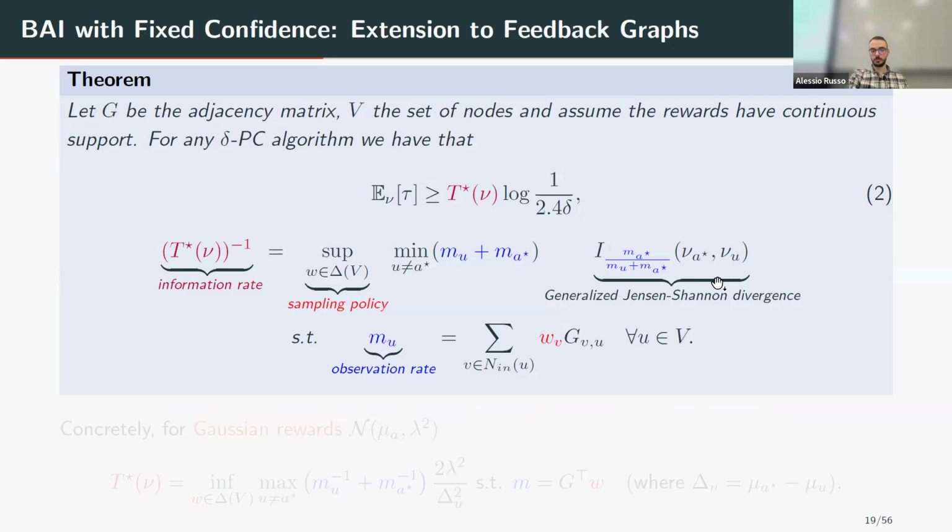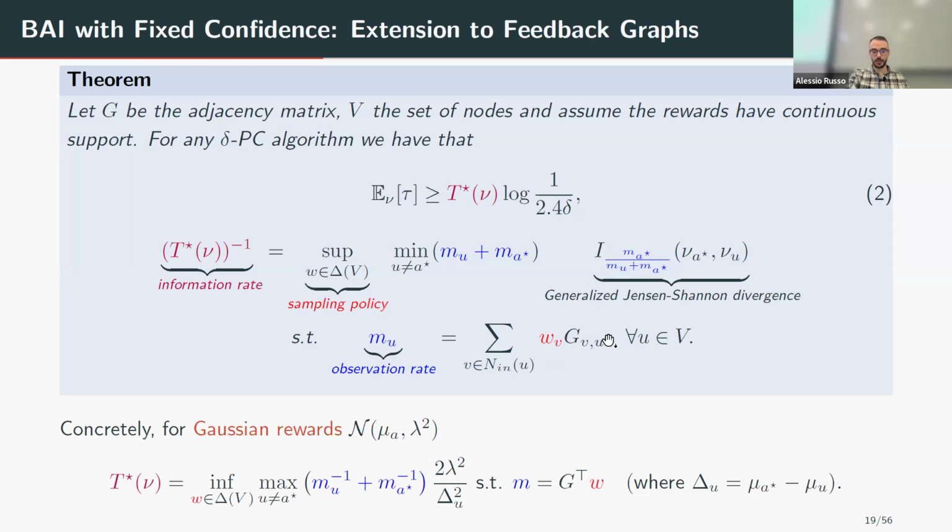And what changes here is that the sampling policy will come into play here in the constraints. So the graph structure will affect what you're going to observe. And basically, we can define a quantity that is called the observation rate, which is simply the matrix vector product between the graph adjacency matrix and the sampling policy.